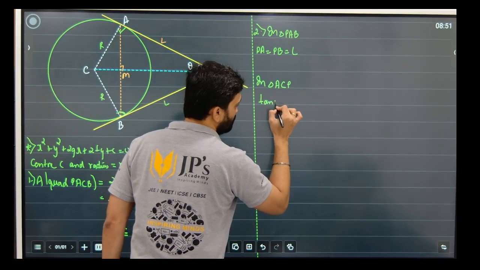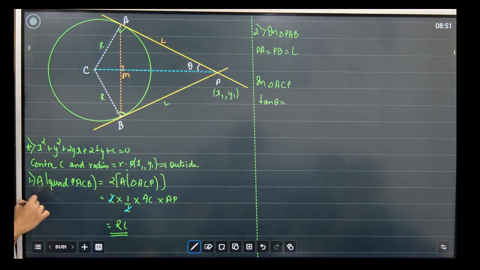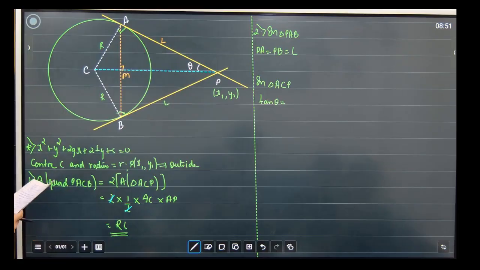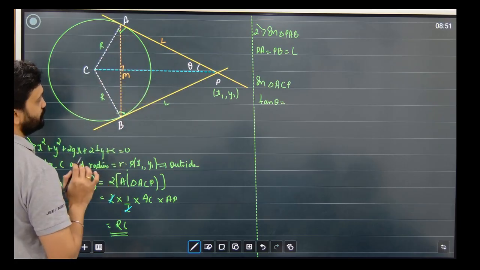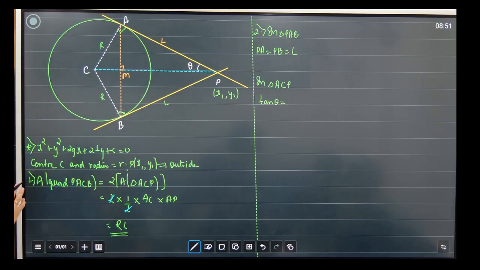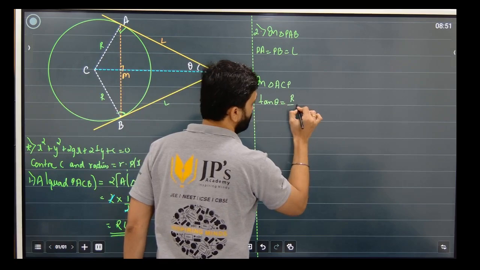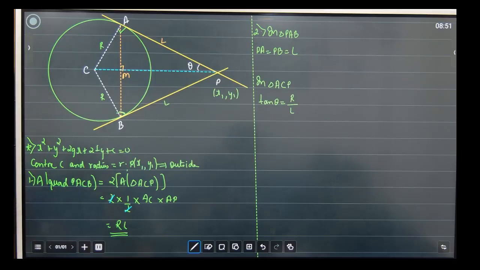In triangle ACP, tan theta is nothing but opposite upon adjacent. Now, can you tell me what is the opposite side? R. Opposite upon adjacent, so I know that tan theta is nothing but R upon L.